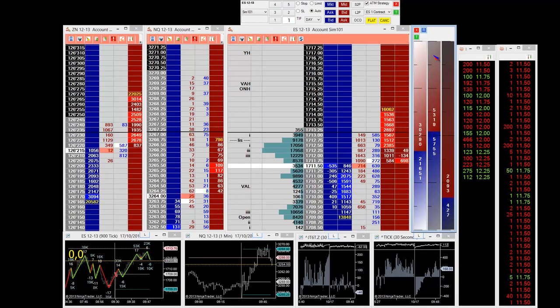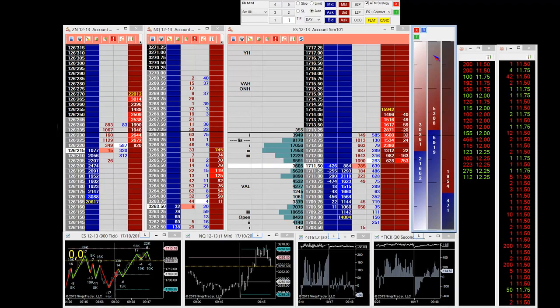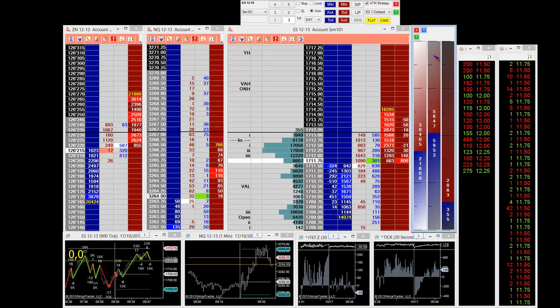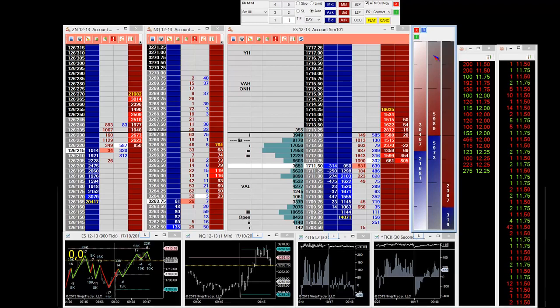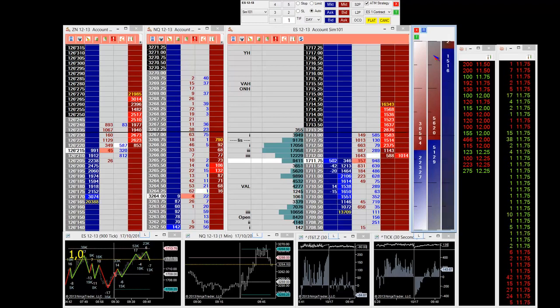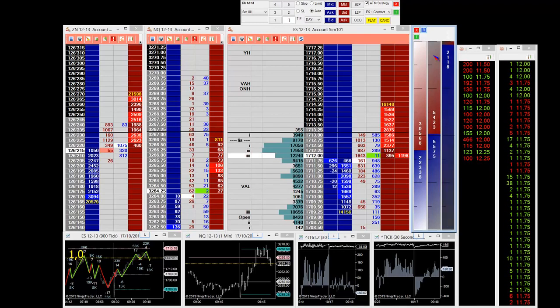So if my stop loss is at 1710 and I'm going to have to buy at 1710, and I see a large bid at 1710.25, I'm going to let it trade and see what happens at that bid. If they trade into it and that bid shrinks, then that's fine. If that bid doesn't shrink and it stays firm, there's no real reason for me to exit.